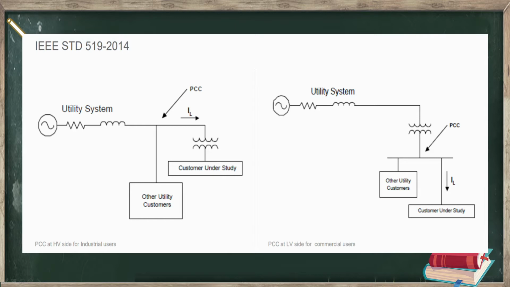We can see that the PCC is located before the high voltage side of the transformer. And look at the right hand side, we can see that the PCC is located at the lower voltage side of the transformer.